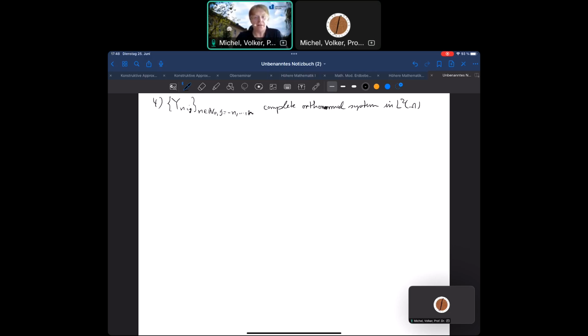By definition, it means if you have an L2 function which is orthogonal to every Y_{n,j}, then this function can only be the 0 function. That's a mathematical definition, but there are some equivalent statements which show you how useful that is. One of them in particular is that every L2 function f on Ω can be expanded into a series of these spherical harmonics.